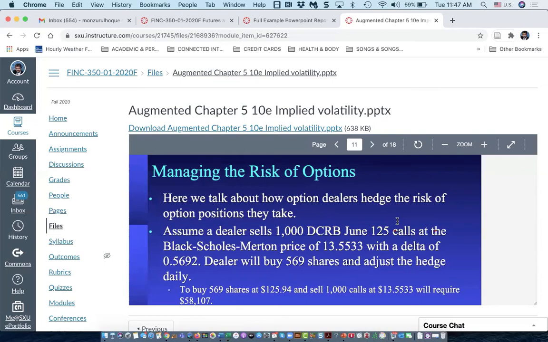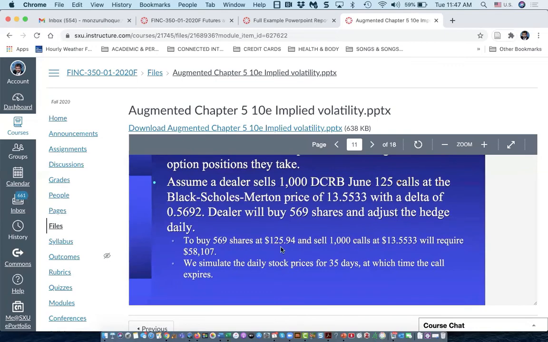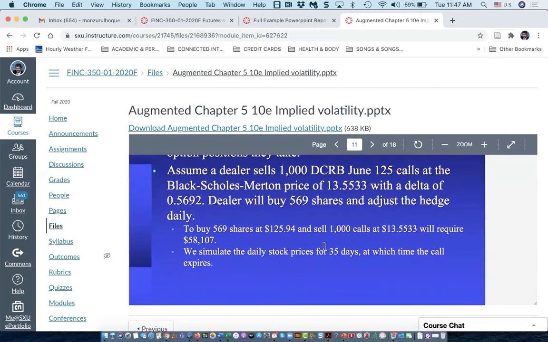Now, let's say your delta is 0.5692. Not 0.5, but 0.5692. Now, you bought 569 shares. How can you protect this stock?